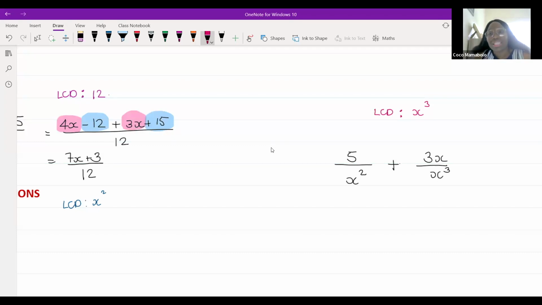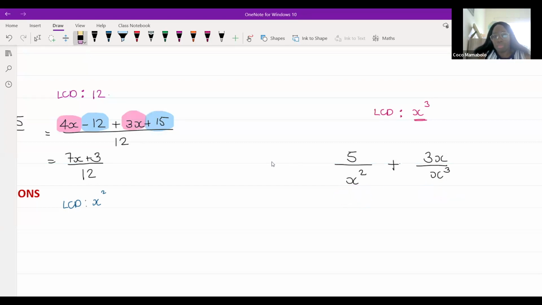I know that inside x cubed, there's an x squared. Agreed? Right, because x squared is x times x, there are two x's, and x cubed is x times x times x, there are three x's. I can already find these two x's in there, and that's why we can just use x cubed instead of x squared as well. Are you okay with that idea?